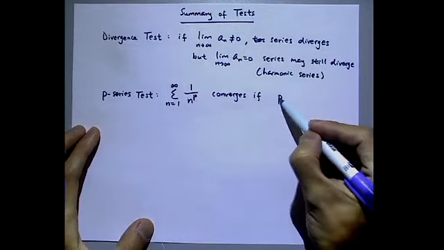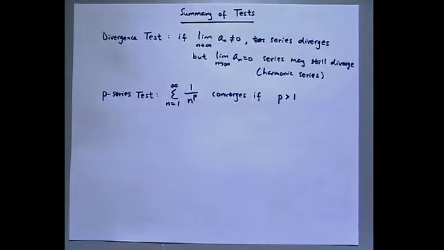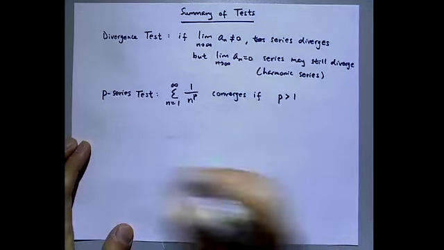Right, p is strictly greater than 1. Anything less than or equal to 1, this thing is going to diverge. Again, think of the harmonic series when p is equal to 1. But anything barely over 1 will converge. So in a way, the harmonic series is almost convergent, but just a bit short.